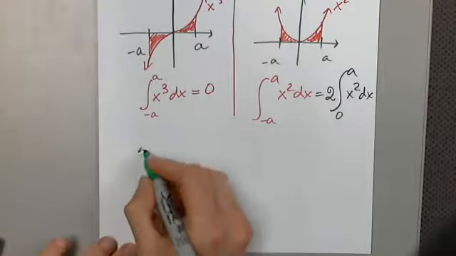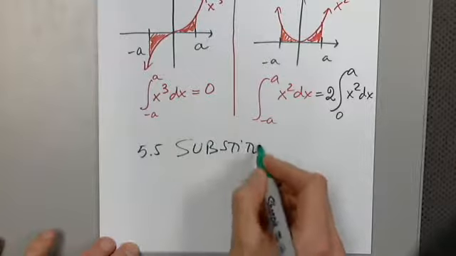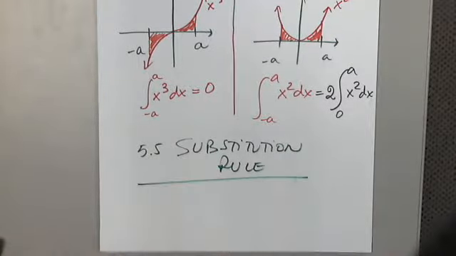Okay, so 5.5, substitution rule. Like any substitution, it's supposed to make our life easier. If it doesn't, then it's probably not the right substitution. Or maybe the integral is easier than we think it is. Or we cannot find an antiderivative, which is very possible.